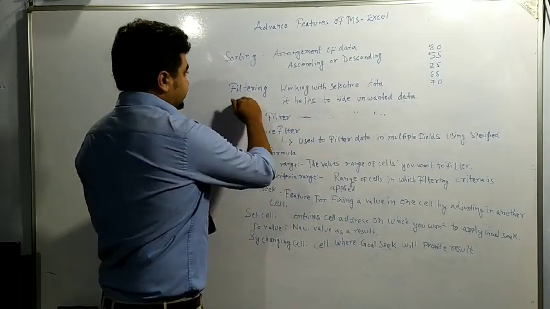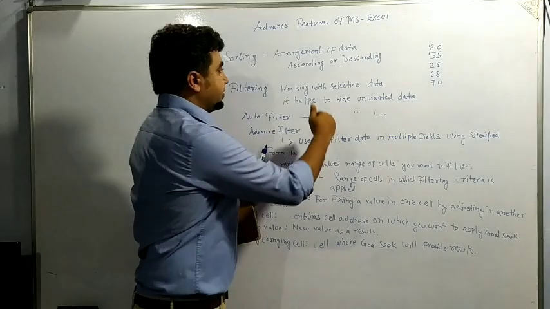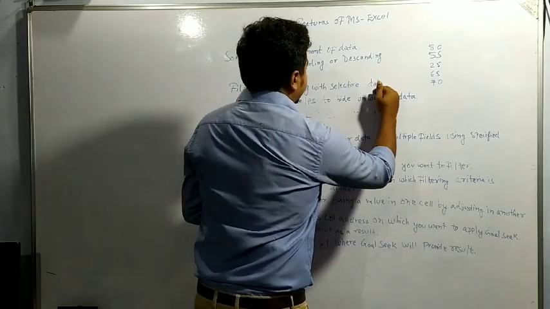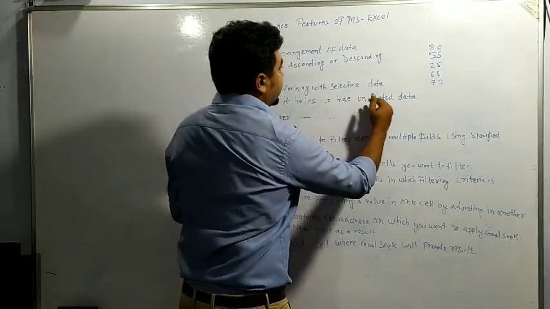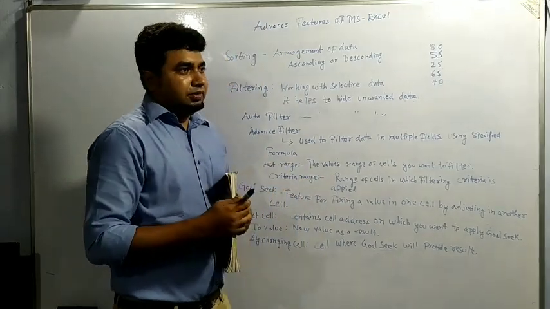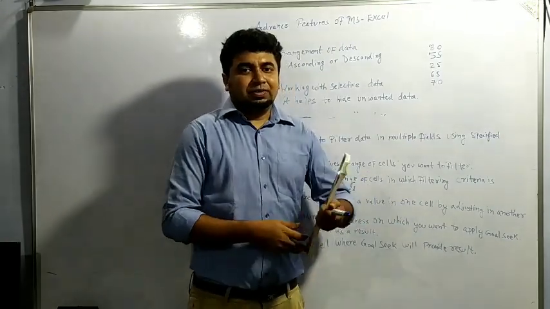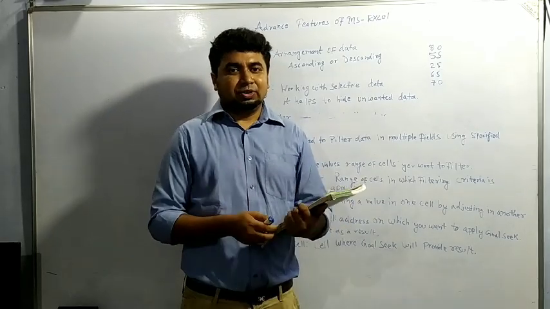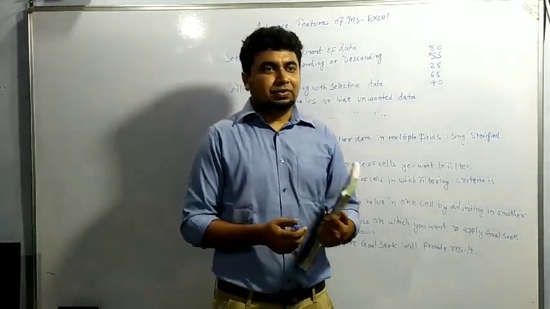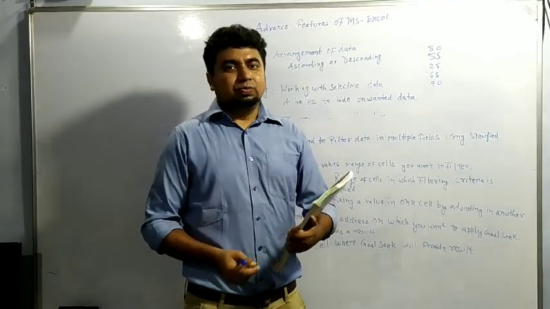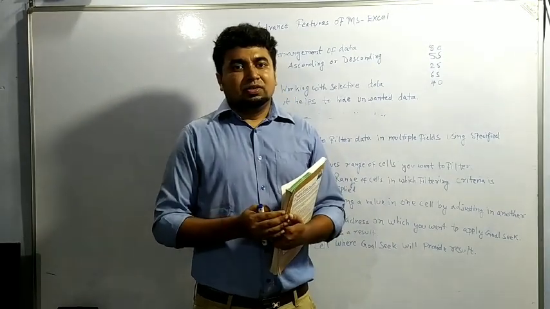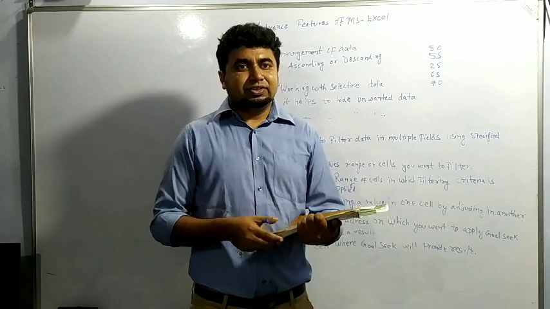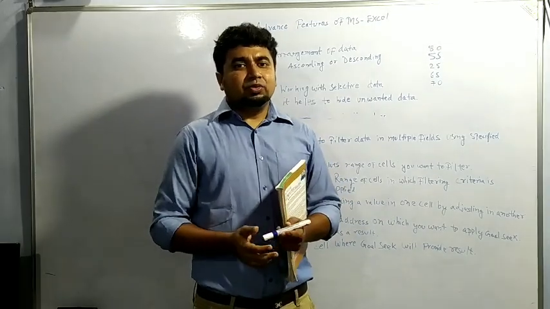Second is filtering. Filtering is working with selective data. It helps to hide unwanted data. I'll give one example. All of you might have done online shopping, which is one of the famous things. If you want to buy some clothes and your choice is black color, what are we doing?